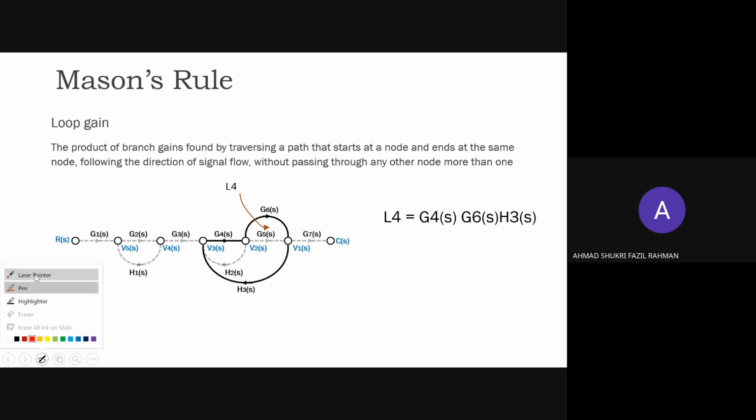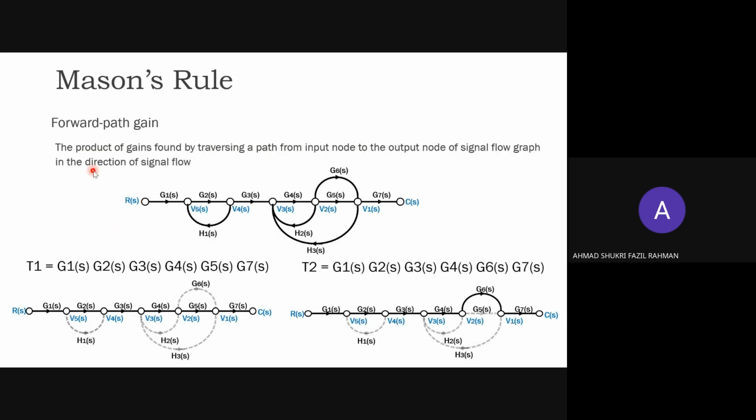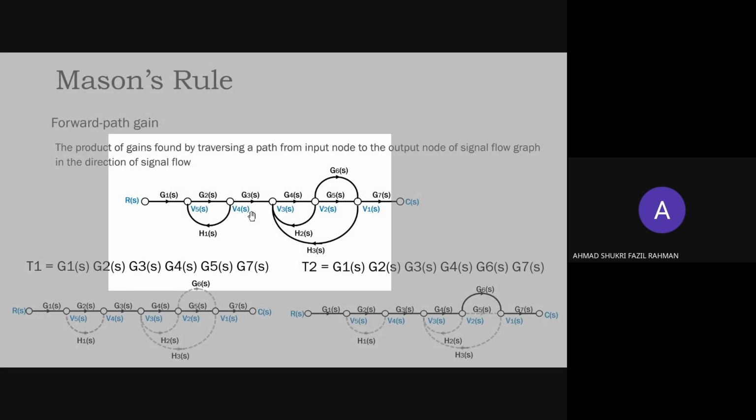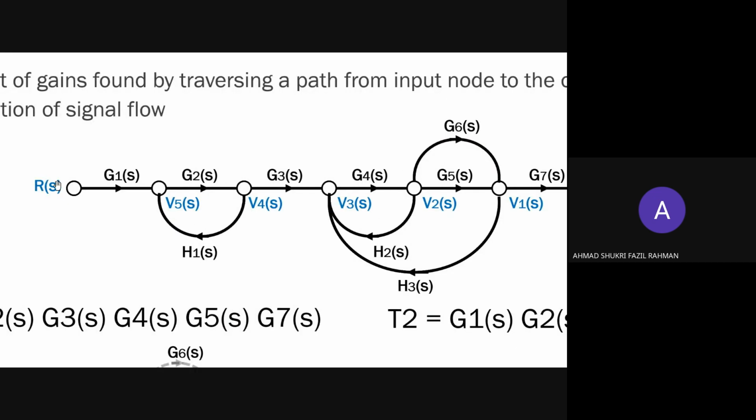By this definition, traversing a path that starts from a node, by traversing a path from the input. The input is here, and this path will start from the input and travel in the direction of this signal flow. You can see the arrow here is moving away from this input.